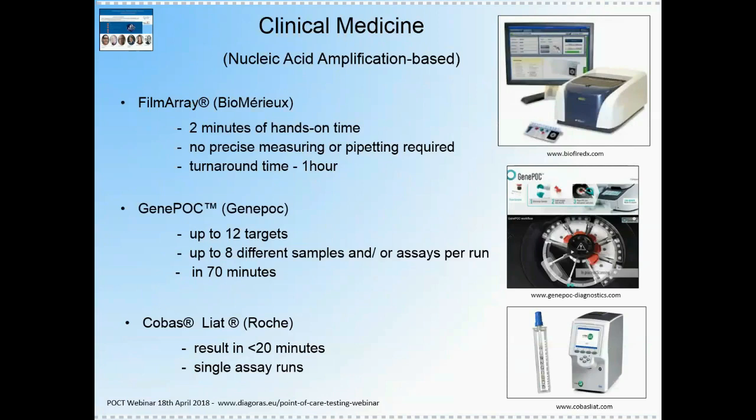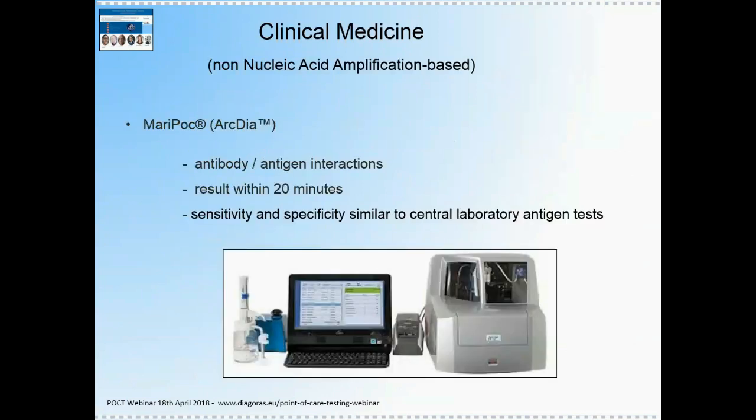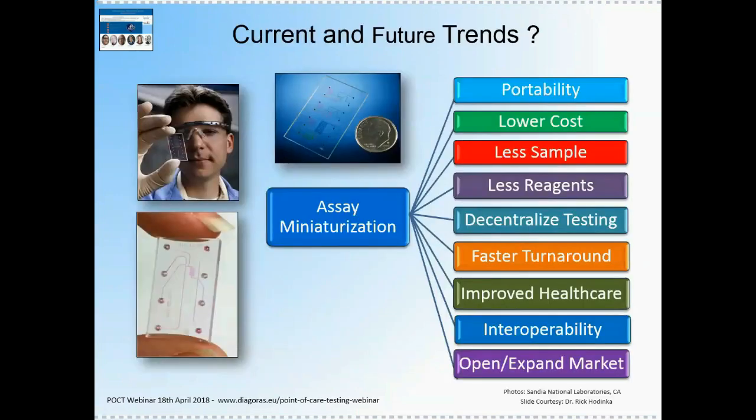Most of the current technologies are based on nucleic acid amplification technologies, such as PCR. There is at least one relatively tabletop device available that uses antibody-antigen interactions as an ID-POCT diagnostic. That's from ArcDia. I'm not saying that any of the tests is any better than any of the other. I'm just giving you a few examples of what is available.